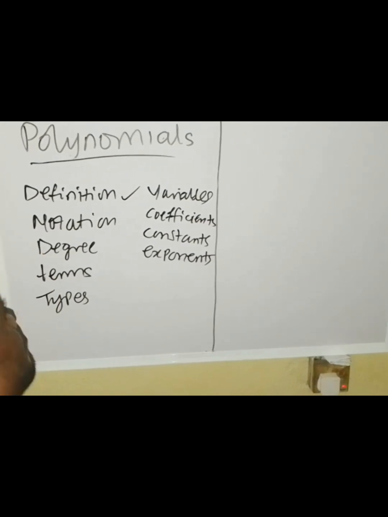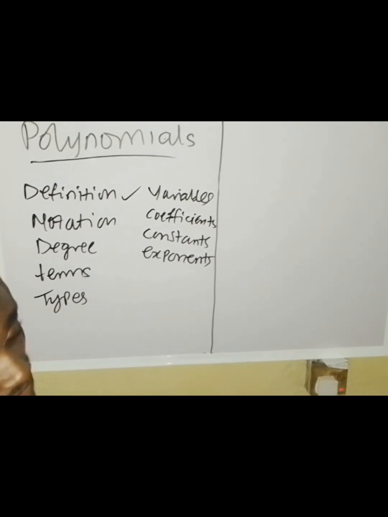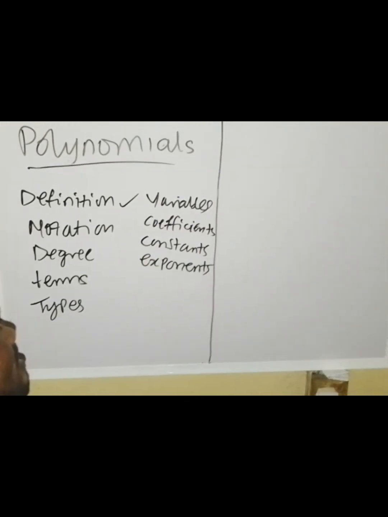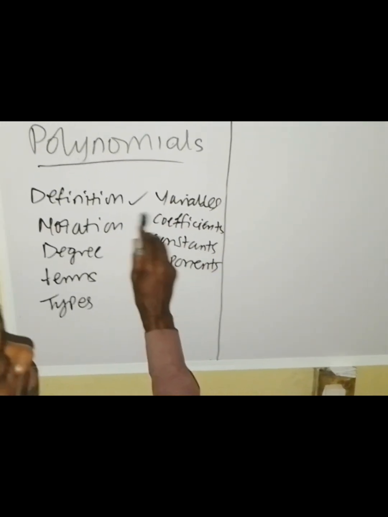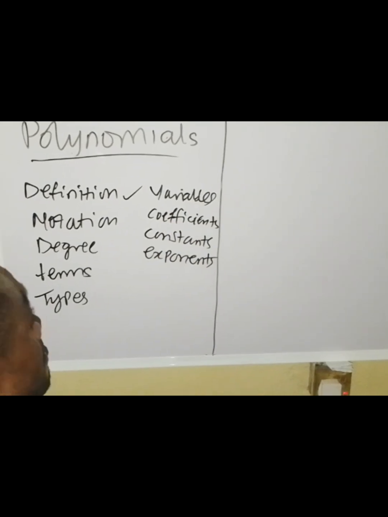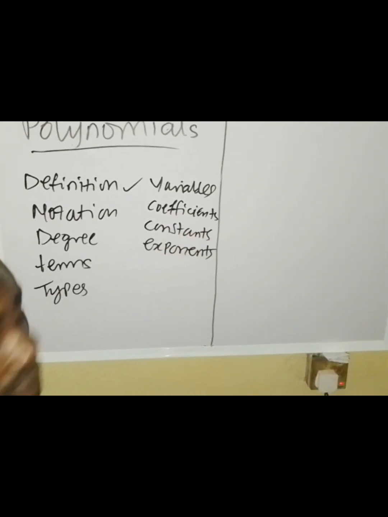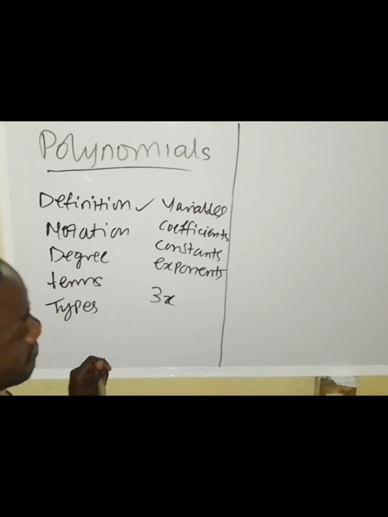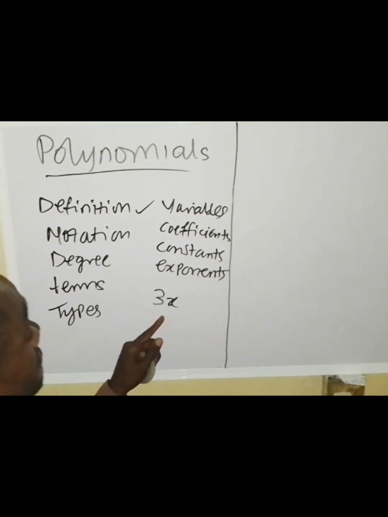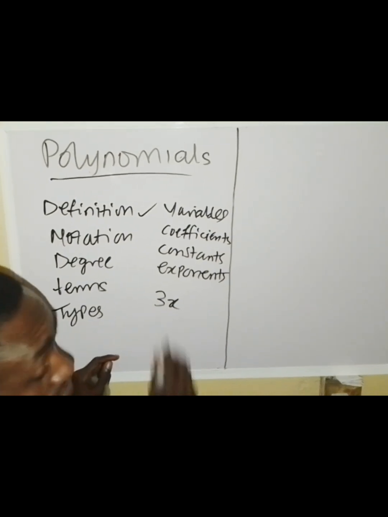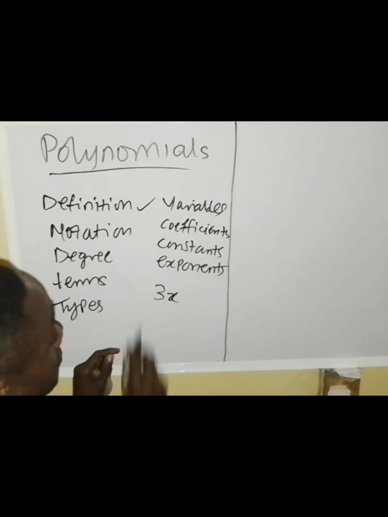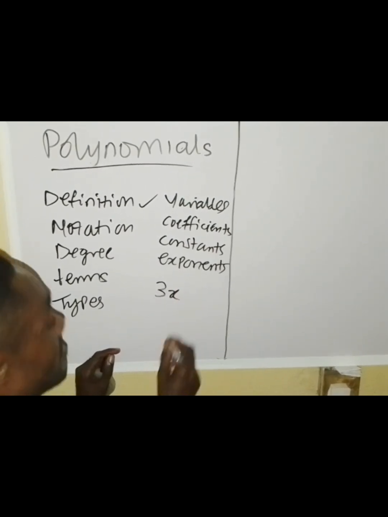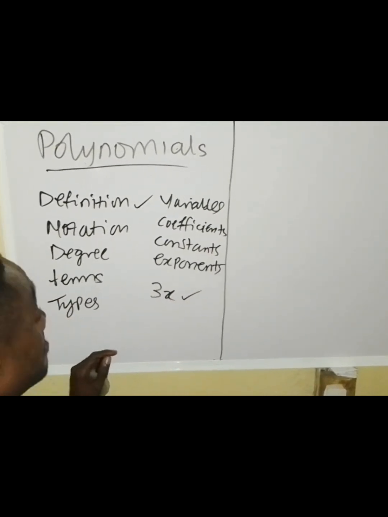So when you talk about polynomial, it's an algebraic expression that has these following elements. A polynomial equation always has variables. It has coefficients. For example, if you have 3x, this is a polynomial expression. So long as it has a variable, it has a coefficient, which is 3, and it has an invisible one, which is the exponent. So this is a polynomial expression.